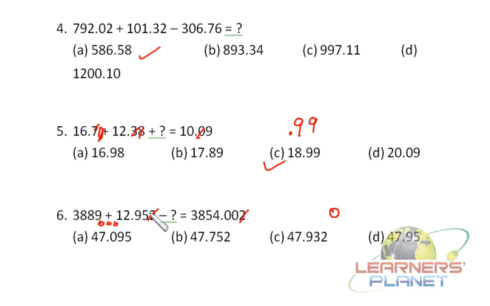Then it's 5 minus 0, that is 5. Then it is 9 minus 0, that is 9. Then I put a decimal over here. 0.95, that is I'm just having this as in this option only. So no need to calculate further. It is 47.95. Okay friends.